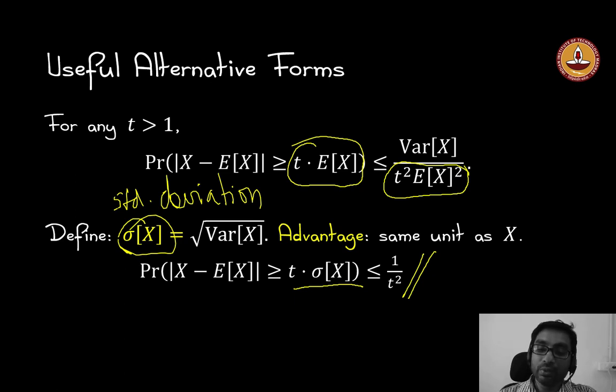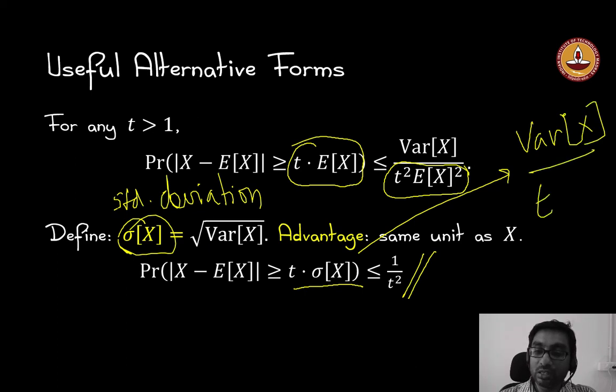Here we will have variance of X divided by t squared times sigma of X the whole squared. But variance is nothing but sigma of X the whole squared, and so those two will cancel out. You'll be left with 1 over t squared. That's how you get this inequality.